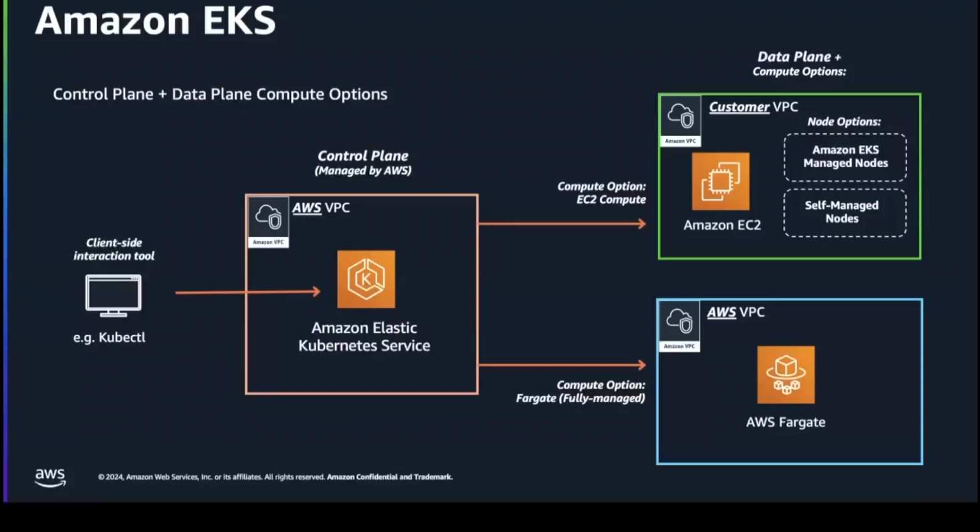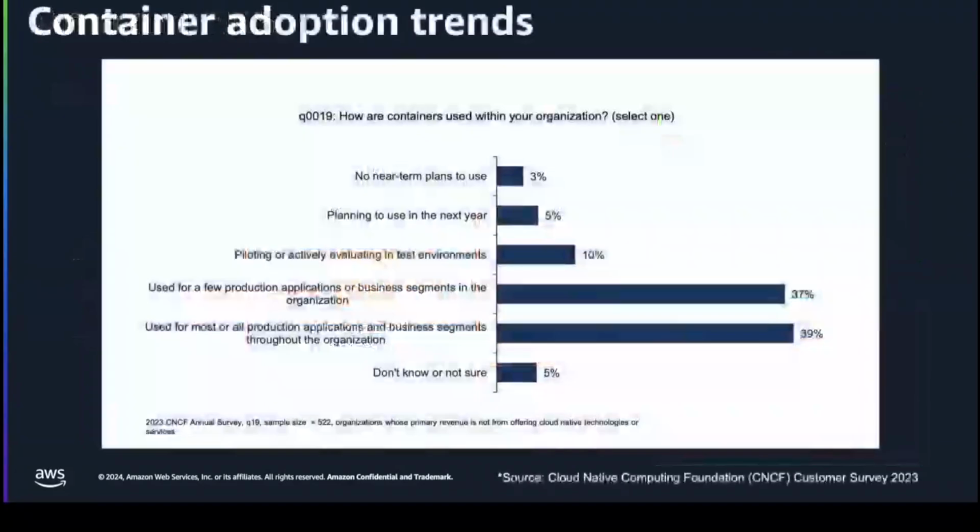And then lastly, as I alluded to, for customers that want to go fully serverless, we have AWS Fargate for that serverless experience, where in that case, there's no compute to manage. All of that is managed by the service, and compute is assigned to the pods as needed.